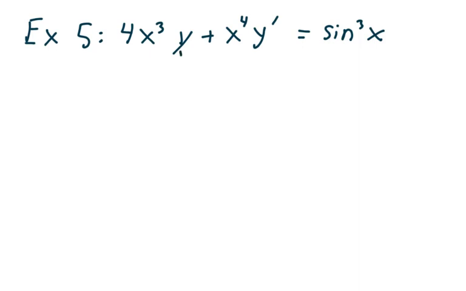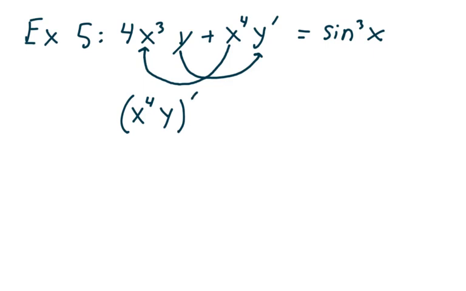Notice how the derivative of y is y prime. The derivative of x to the 4th is equal to 4x cubed. So we're able to write it in this way right away. You could write this as the derivative of x to the 4th times y. And on the other side, we get sine cubed x.